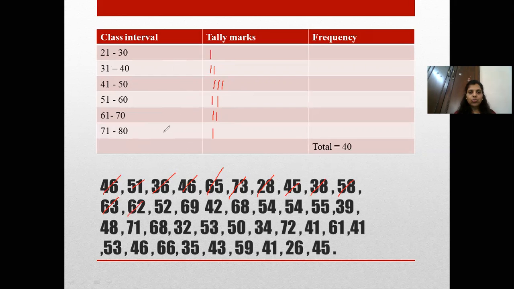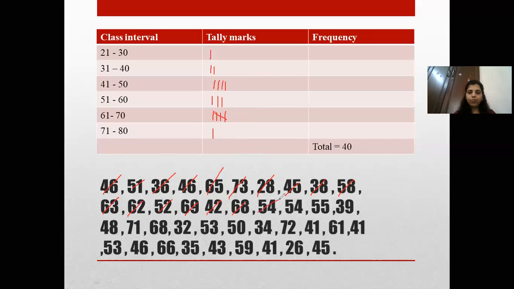Strike off 62, it will be over here, 61 to 70. 52, 51 to 60. 69, strike off and it will be between 61 to 70. 42, it will be 41 to 50. 68, it will be now your 61 to 70, but as you have finished with 4 lines, the 5th line will be crossing over it. You have to put it over here so that it will be a group of 5.